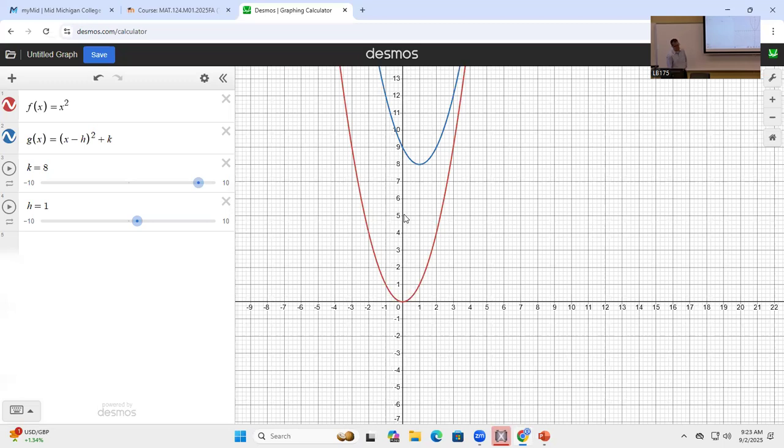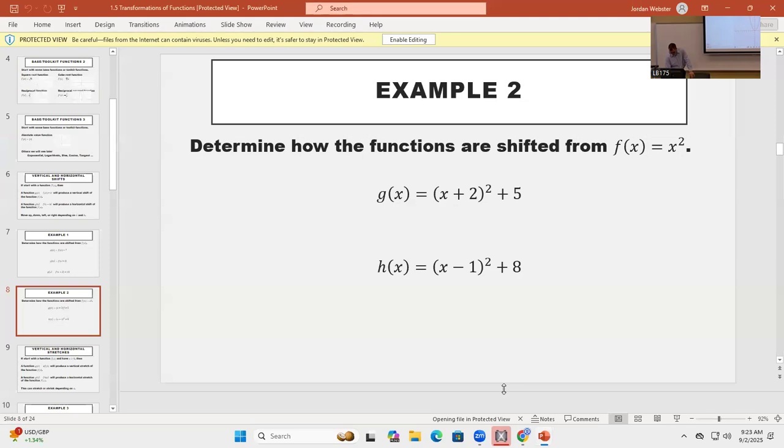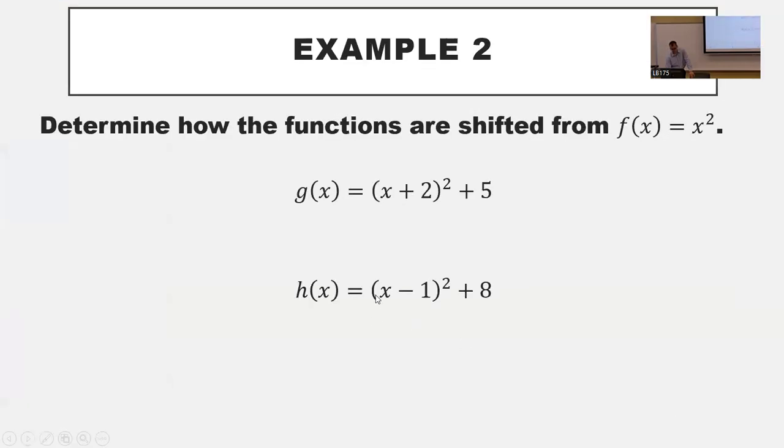Obviously, you can graph it without the sliders, and you see what's happening. Again, shift it right 1, up 8. Pretty straightforward. Good.